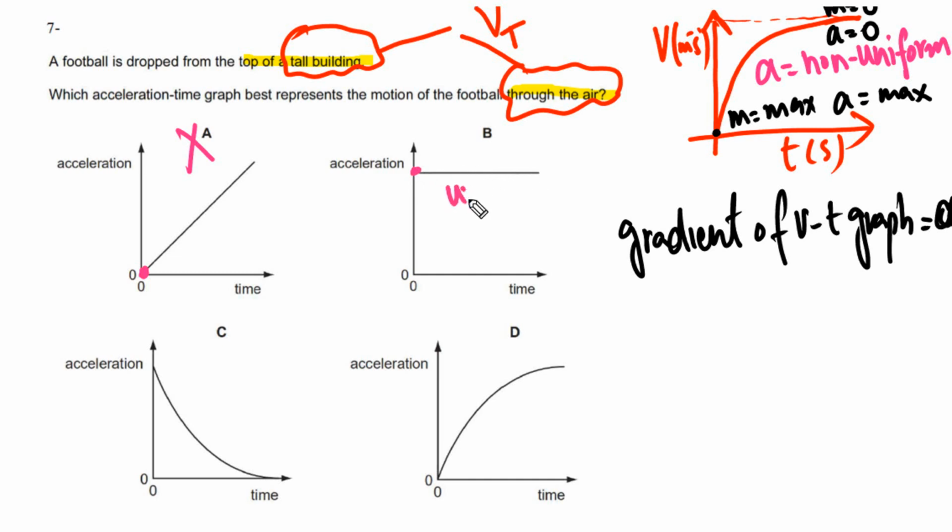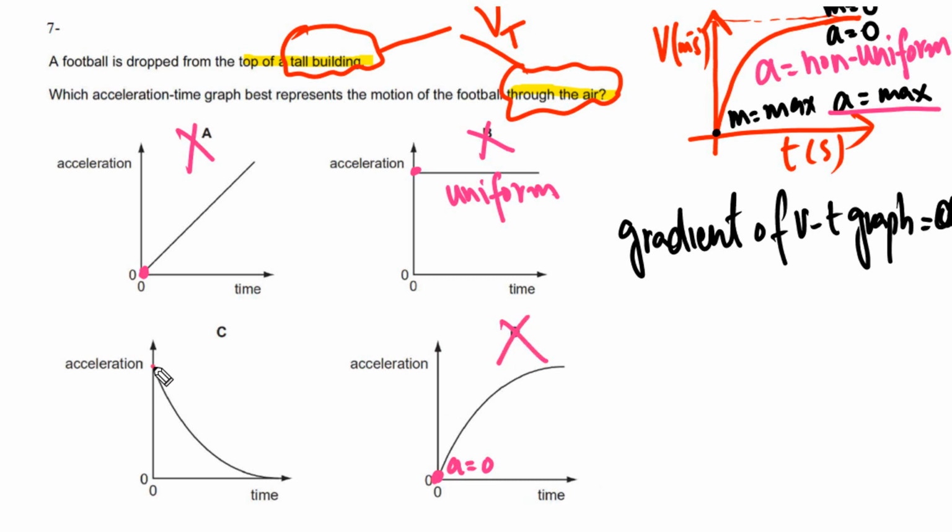It's telling us that a is uniform, meaning a is constant. So this is also not the best possible option. If you look at D, it is telling you a is 0, but at the beginning a is maximum. So this is also not the best possible option.